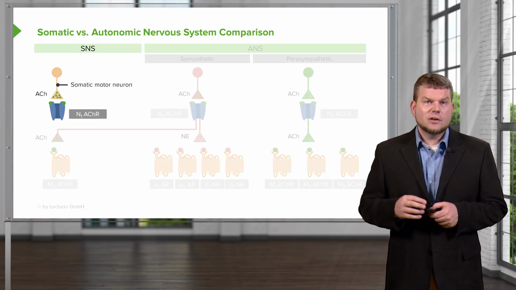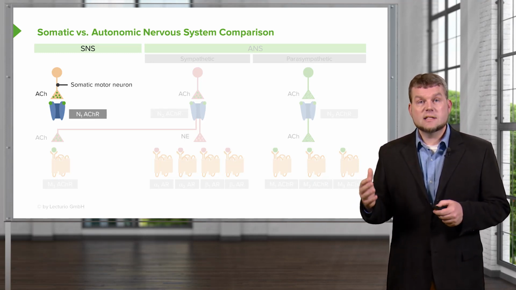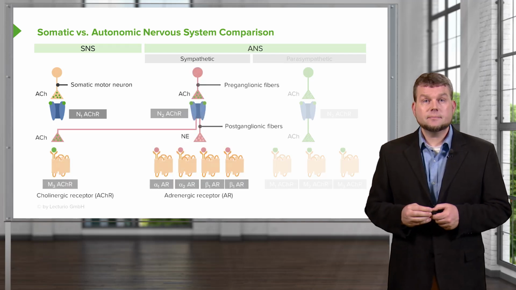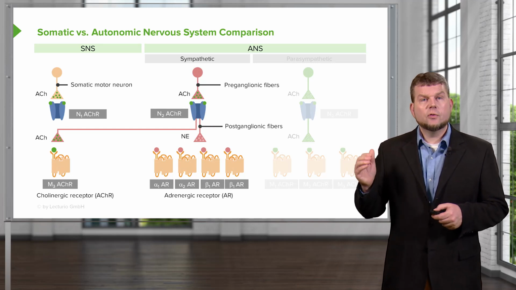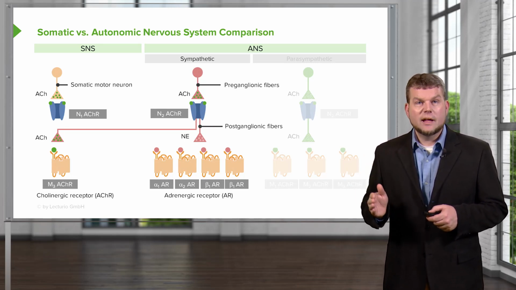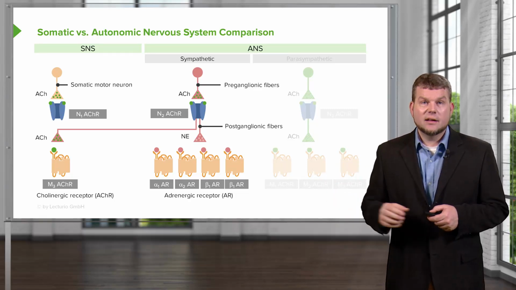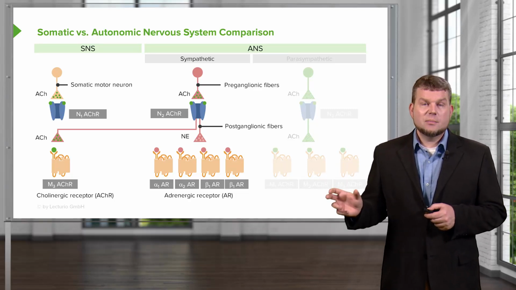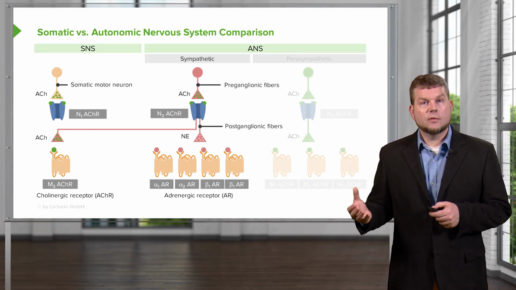Now, the autonomic nervous system utilizes a little bit more complex of a process, so let's compare and contrast. If we take the sympathetic nervous system first, you have your first spinal nerve, soma, and then it will synapse in an autonomic ganglia. This autonomic synapse also uses acetylcholine, so this is the presynaptic nerve.